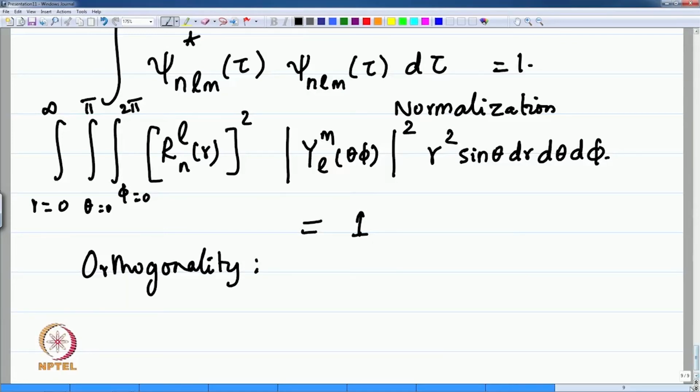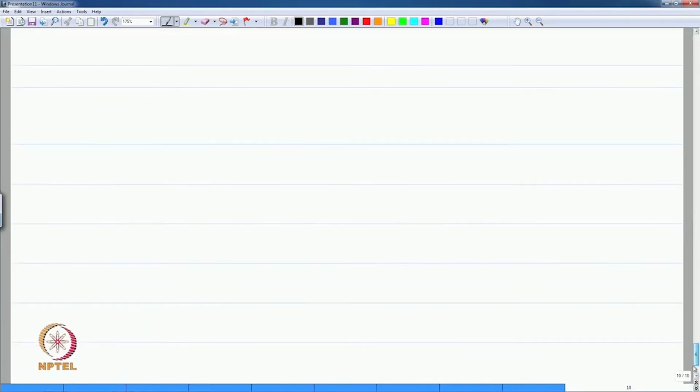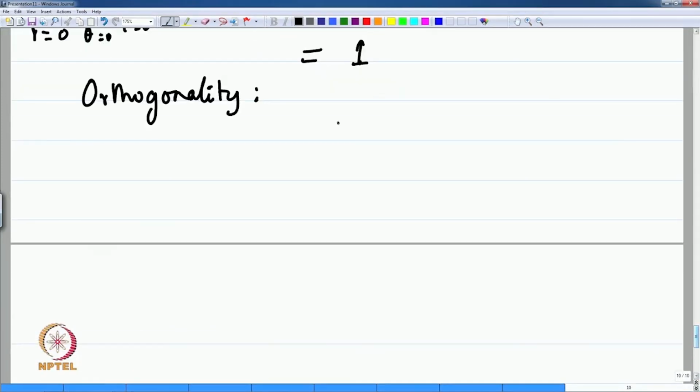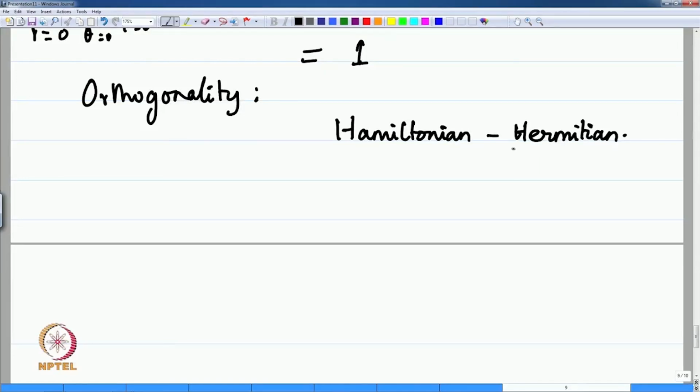And the orthogonality of these wave functions, as being solutions of a Hamiltonian which is a Hermitian Hamiltonian. I have again introduced a new term, the Hamiltonian as a Hermitian operator, which has real eigenvalues; all the eigenvalues are real.